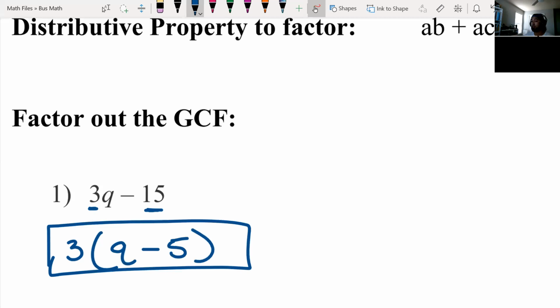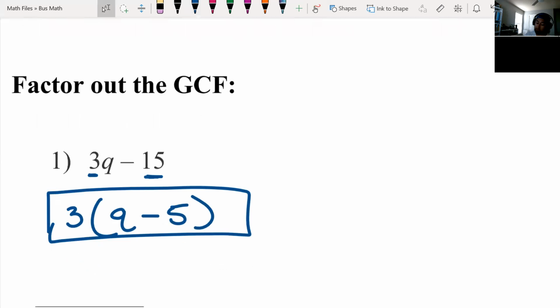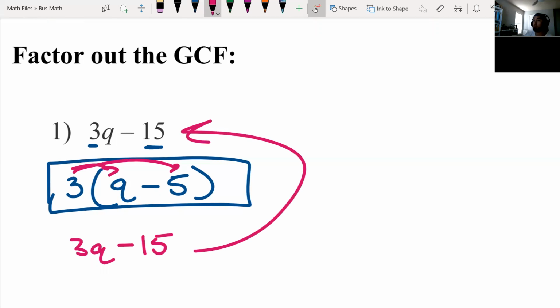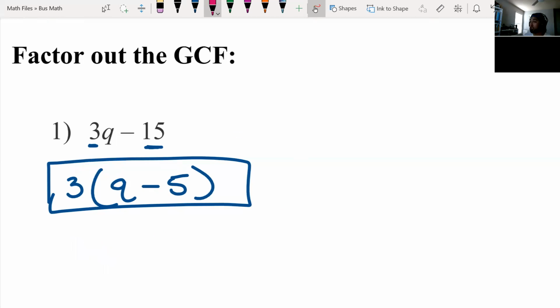We have factored that expression. And the way to check your work is, well, just distribute it back. If I say 3 times q, I get 3q, minus 3 times 5, 15, which gets us back to the original problem. So that's how you check your work. Just distribute it back to make sure you have it right.